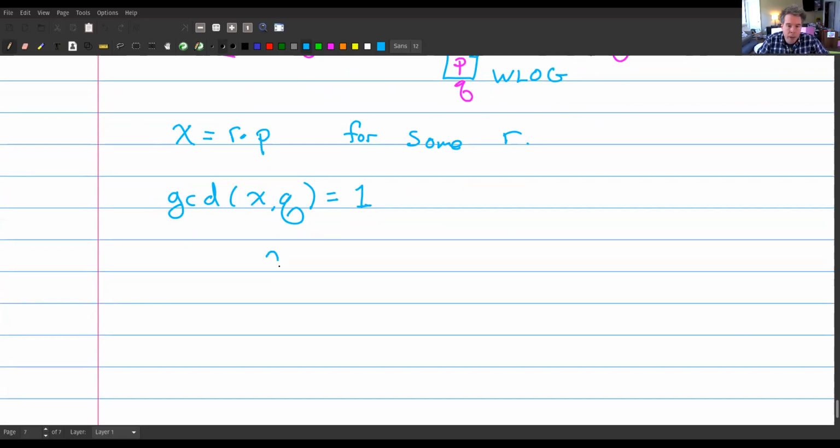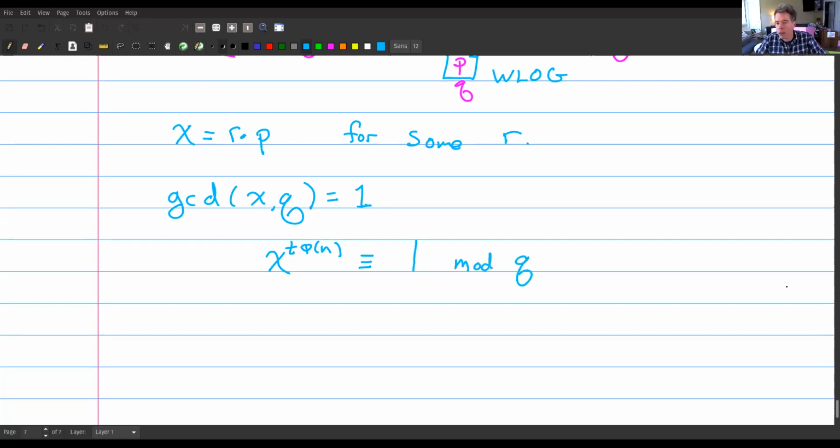So this means that x to the t phi n is going to be congruent to... actually this takes more work than I thought. Sorry, I'm getting ahead of myself here. Okay, so this is equal to 1 mod q.